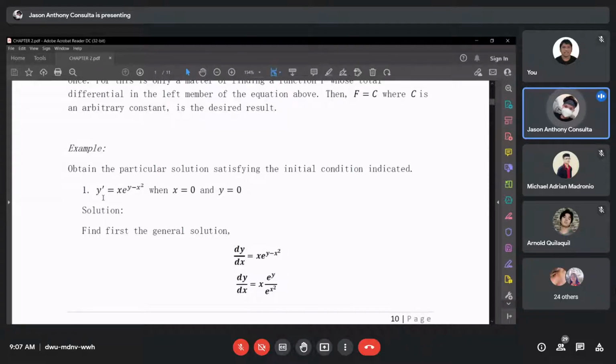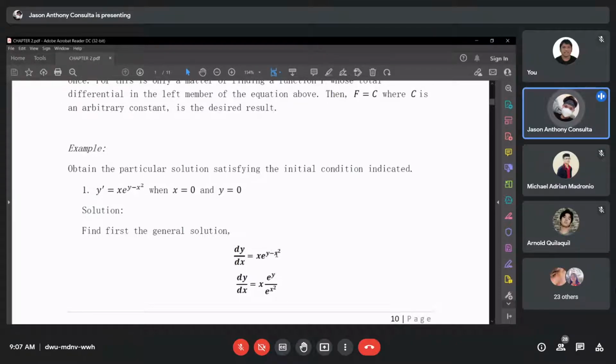General solution, let's rewrite the equation. Yung y prime, gawin natin dy over dx, or the derivative of y with respect to x is equal to x e raised to y minus x squared, which can be written as x e raised to y over x e raised to x squared.